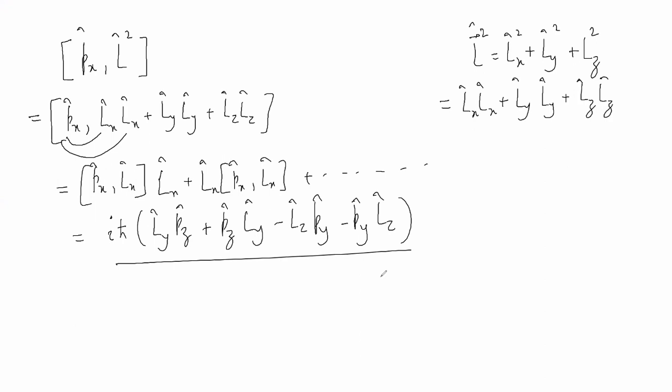Similarly, you can work out xL square, yL square, zL square, or PyL square, PzL square. These are the various commutation rules that the angular momentum operator obeys. Okay.